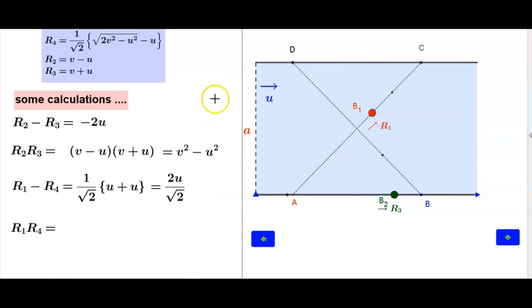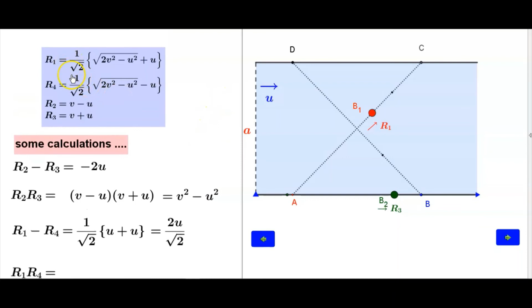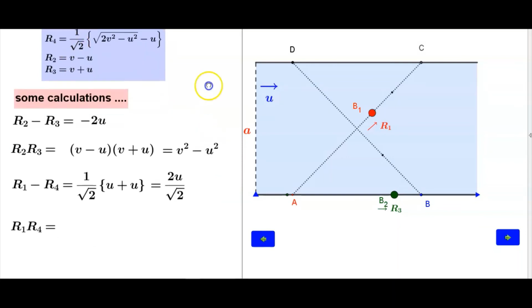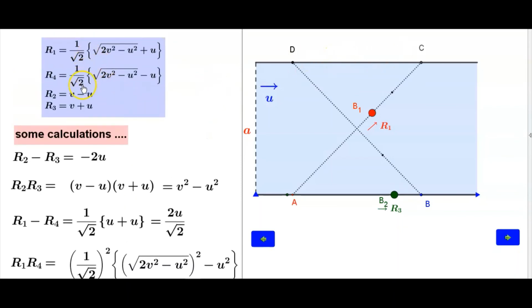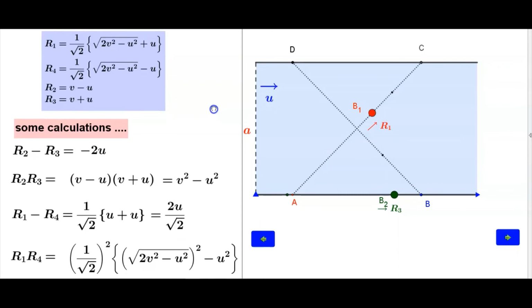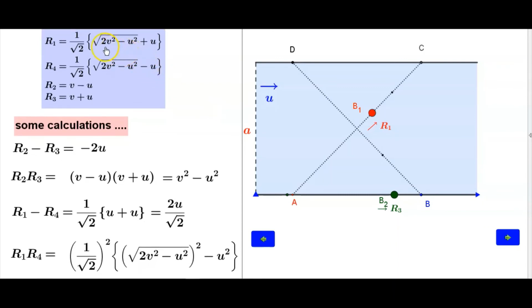Then product of R1 and R4. You want to multiply R1 and R4. 1 over root 2 all squared into this one. A plus B into A minus B is equal to A squared minus B squared. Difference of squares. Therefore, 2V squared minus U squared all in squared minus U squared.